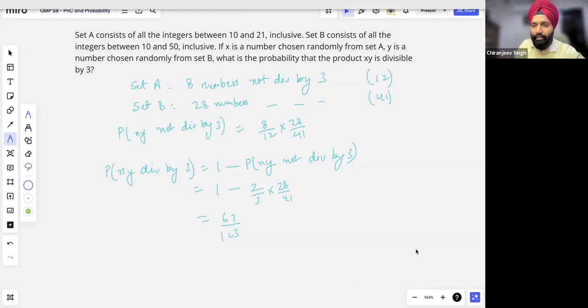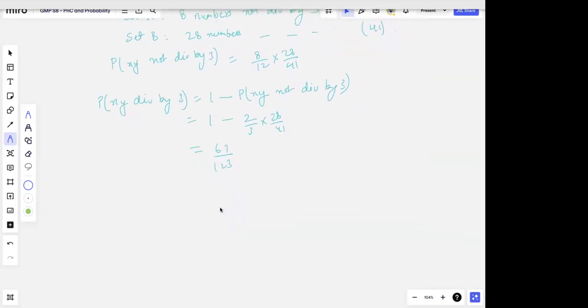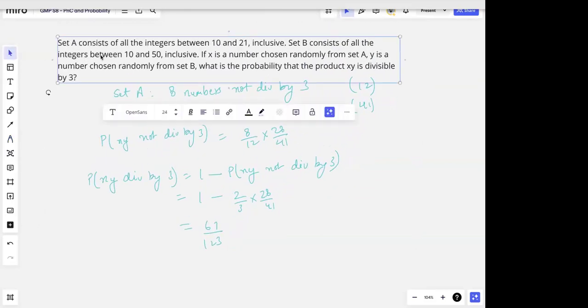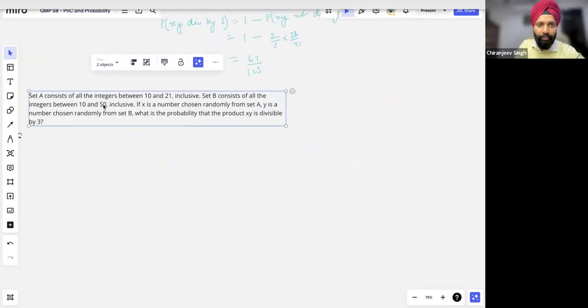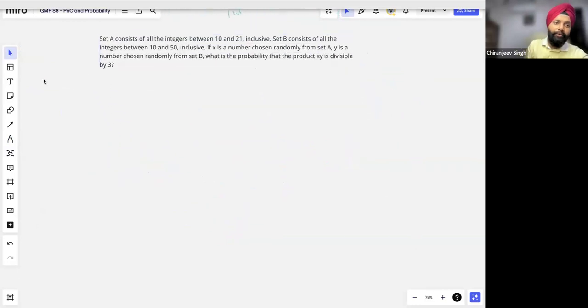I think Shivangi has a different answer. Shivangi, you had a different answer? Basically, what I did was I took four multiples of 3 between 10 to 20. In set A, you took 4 multiples of 3, which is fine.